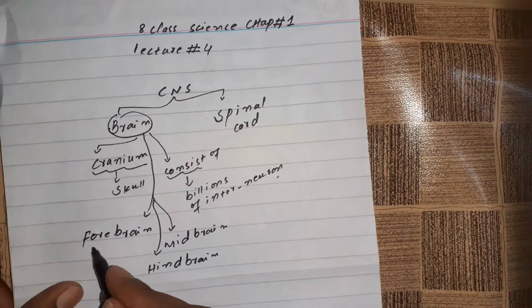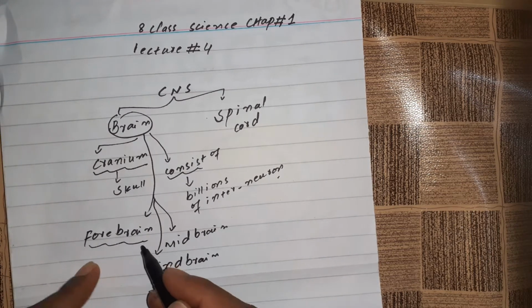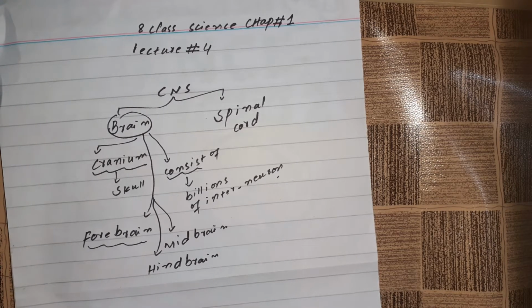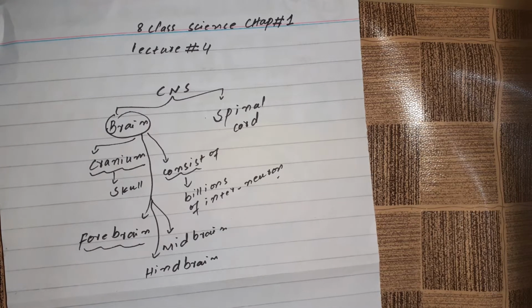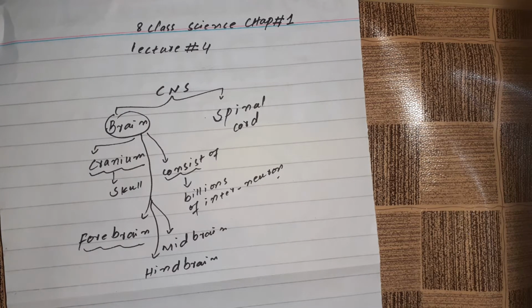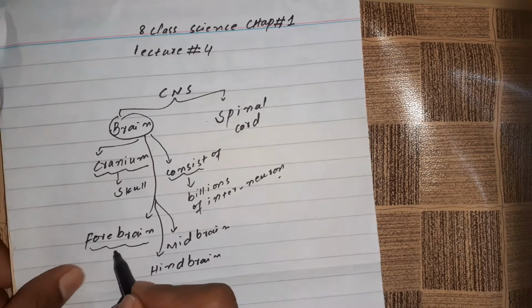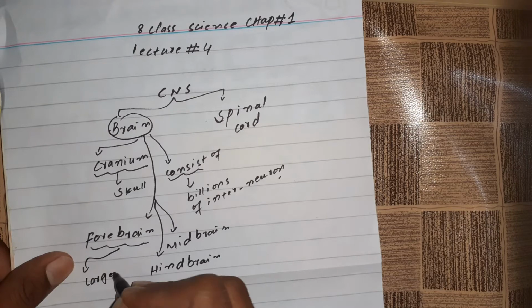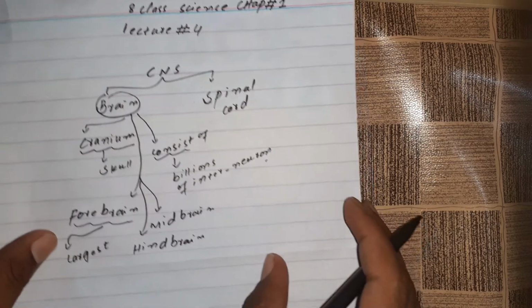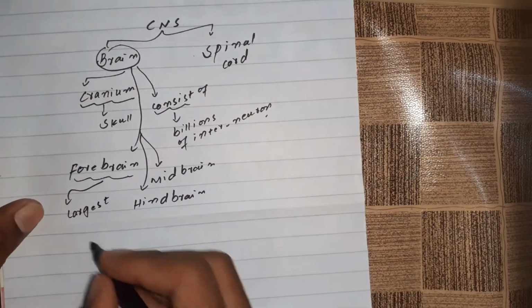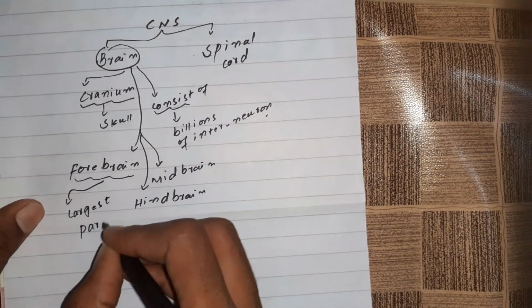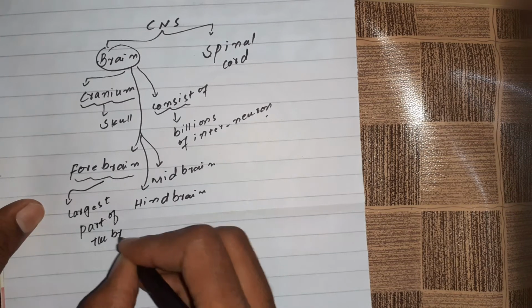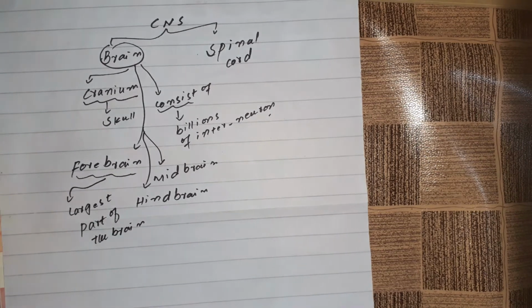Well, we will deal with the forebrain first. Let's see what the forebrain actually is. The forebrain is the largest part of the brain.